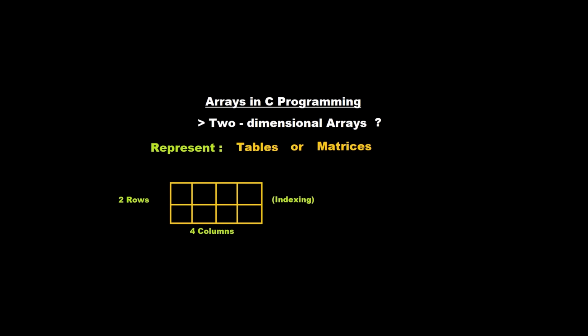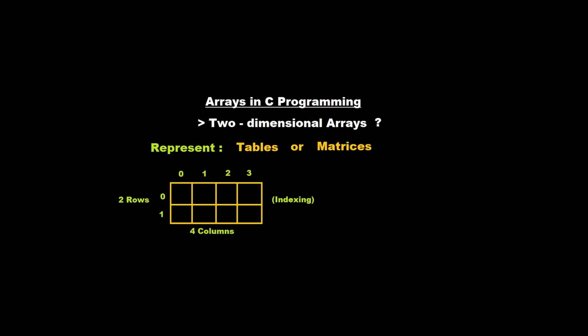The columns will have the indexing 0, 1, 2 and 3, and the rows will have the indexing 0 and 1. Because there are 4 columns, indexing starts from 0 and ends at 3, and because there are 2 rows, the indexing starts at 0 and ends at 1.